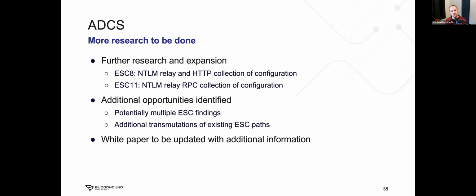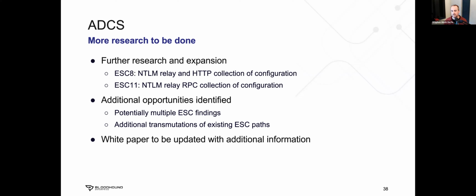We've got paths on most of the escalation paths that were identified in the original Certified Pre-Owned white paper. There's a couple of them listed here, 8 and 11, that need some additional work because we need to expand collection and figure out the best way to represent NTLM relay within the graph, which is going to get real fun as Microsoft's working on sunsetting that technology altogether.